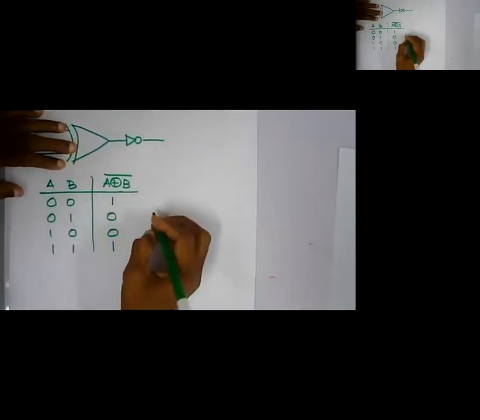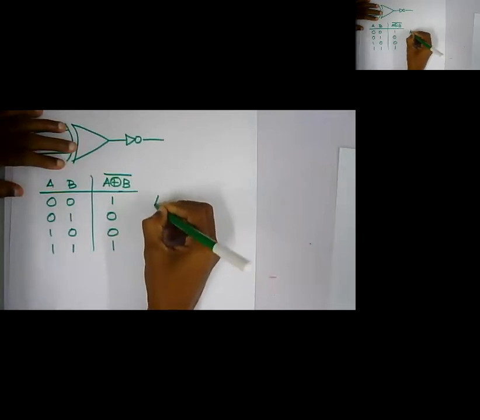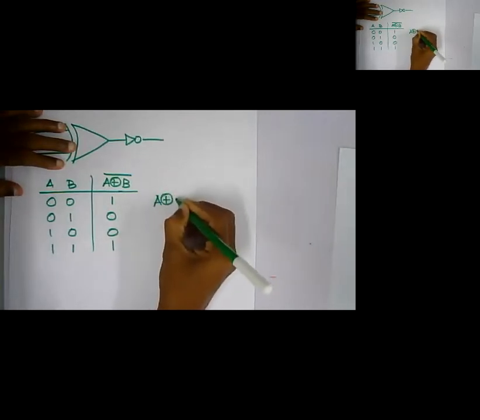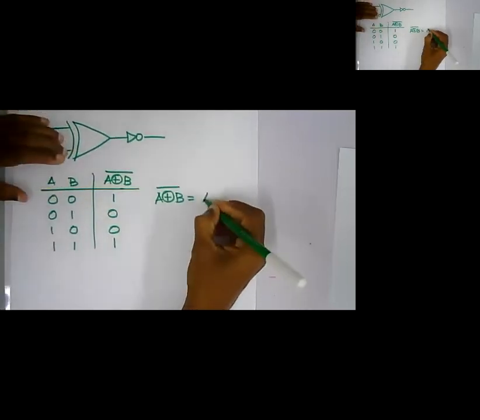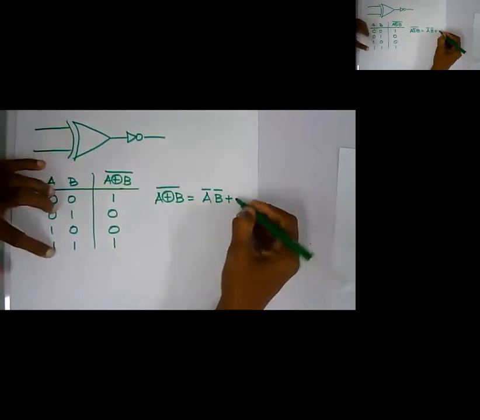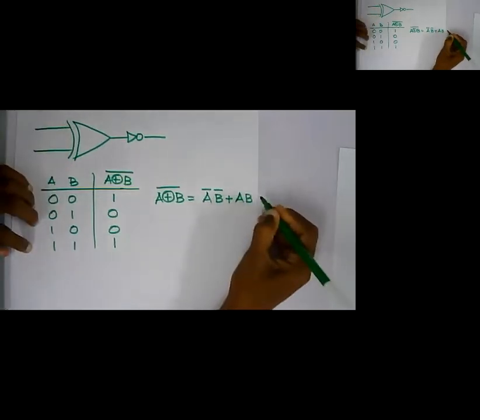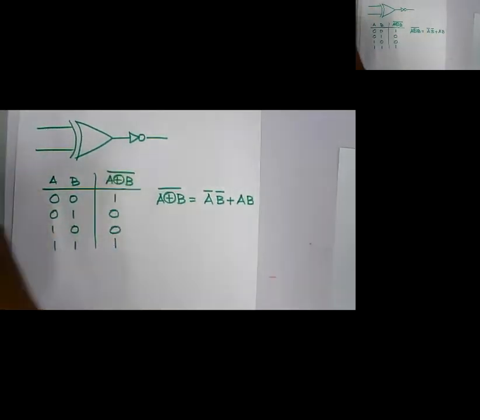What I need to do is just put a bar there, so 1 becomes 0 and 0 becomes 1. In simple words, A XNOR B is equal to A bar B bar plus A B. Clear, right?